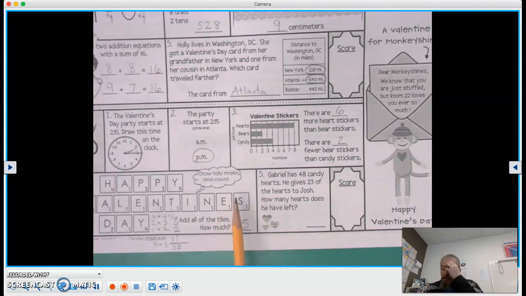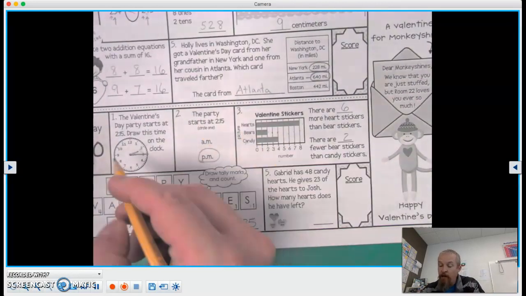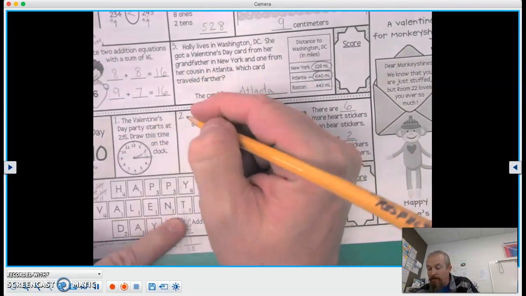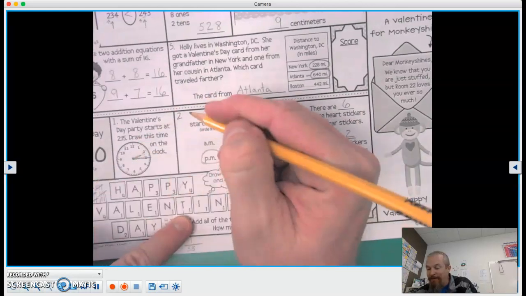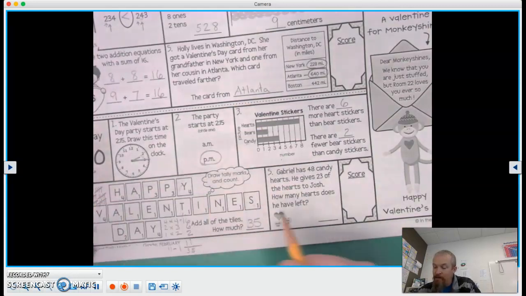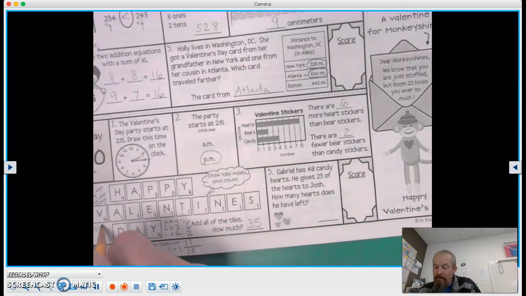So draw tally marks and count. If that helps, you can do the tally marks. 1, 2, 3, 4, 5, 6, 7, 8, 9, 10, 11, 12, 13, 14, 15, 16, 17, 18, 19, 20, 21, 22, 23, 24, 25, 26, 27, 28, 29, 30, 31, 32, 33, 34, 35.